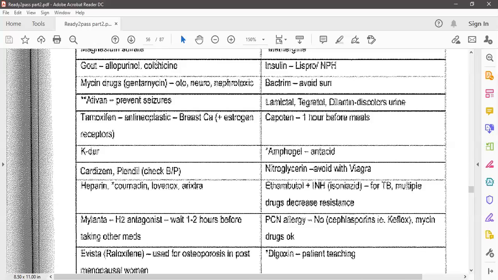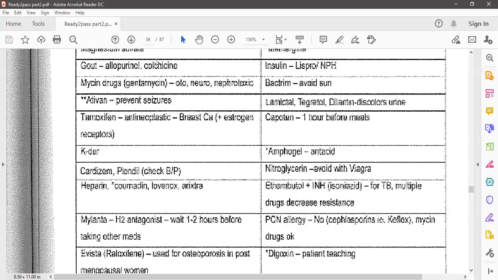So what we have to know is basic information about gout, very basic. Sometimes it's called gouty arthritis. Gout is a form of arthritis characterized by severe pain, redness, or tenderness in the joint.